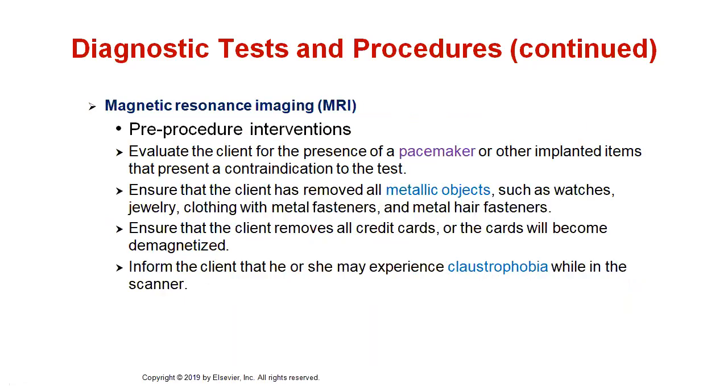So if your patient has to do the MRI, what do you have to teach them? Pre-procedure intervention, right? It is very important. We do MRI for the brain, abdomen, chest, and cardiovascular system.